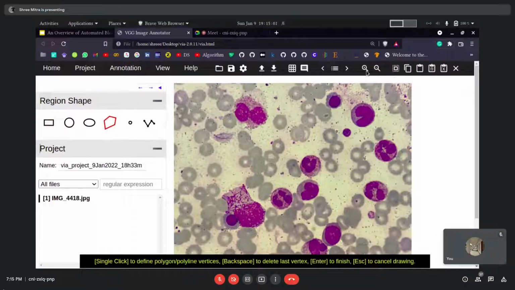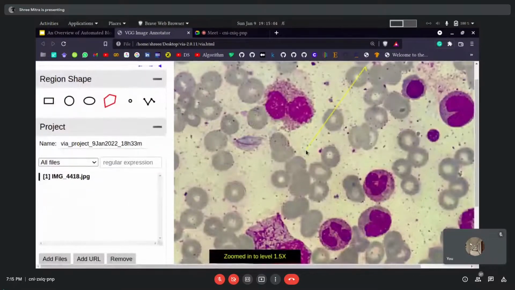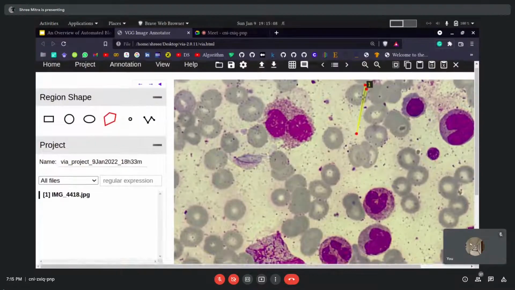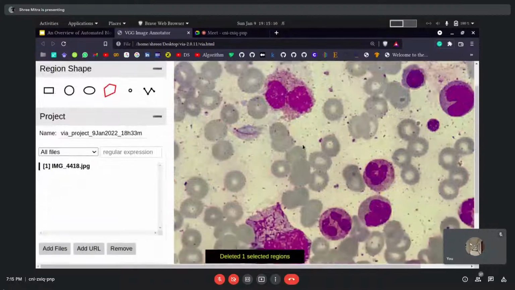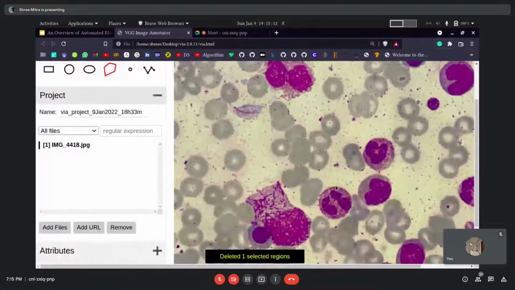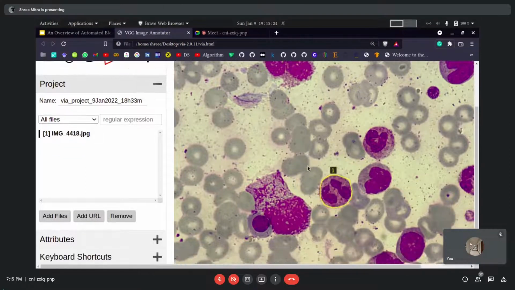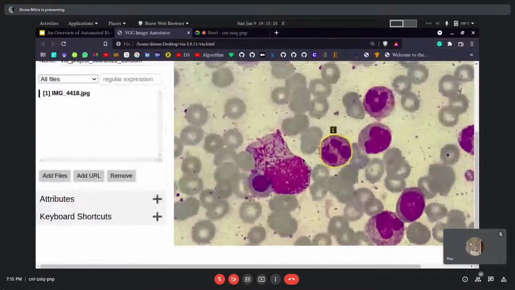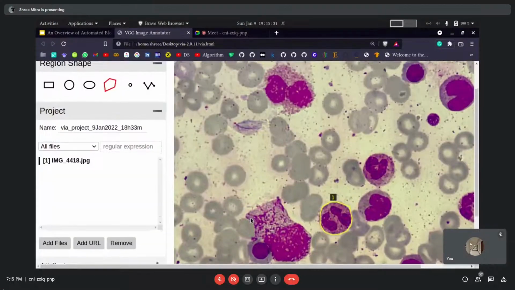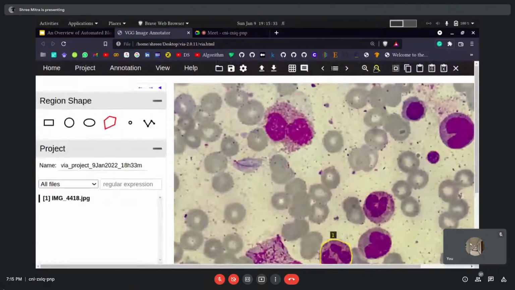First, let's zoom. So I have annotated a particular cell, and you can imagine how much time is required to annotate the full microscopic image cells.